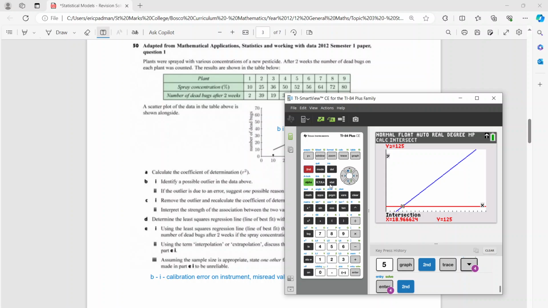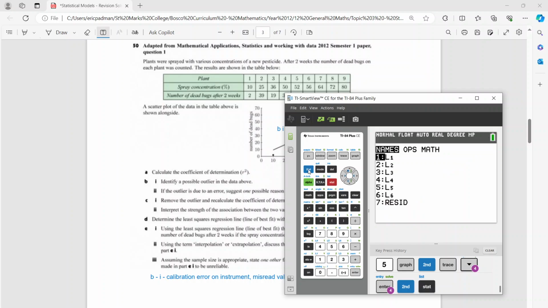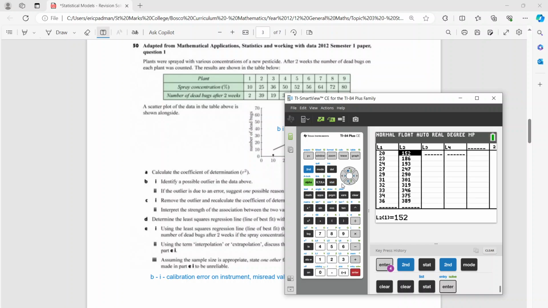Okay, let's go into stat. Edit. Punch in the data.